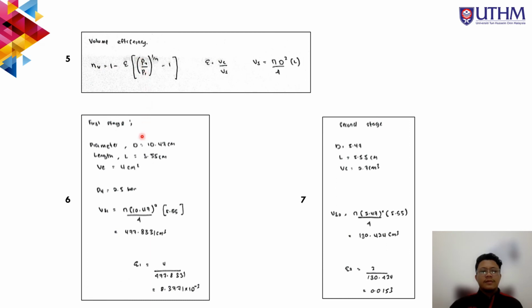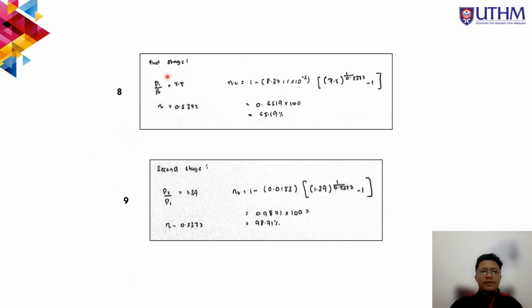For example, for this calculation, we take 2.5 bar. You need to find the epsilon for the first stage and the second stage. For the first stage, P1 per P0 is 7.5, and this is the value in the efficiency formula. When you have the unknown values, you just insert them and get the answer. The first stage efficiency is 65.19%.